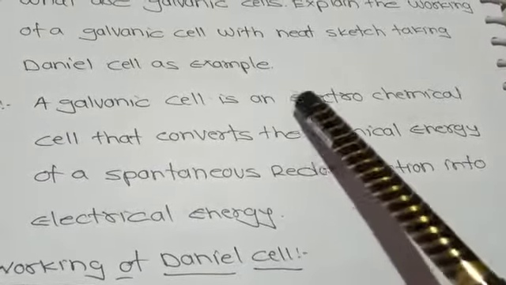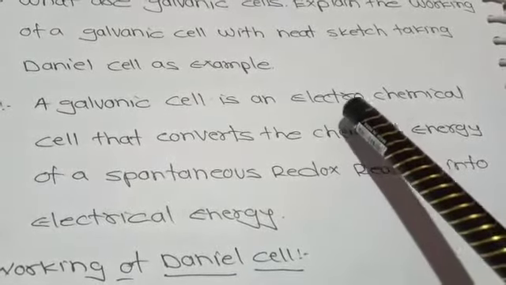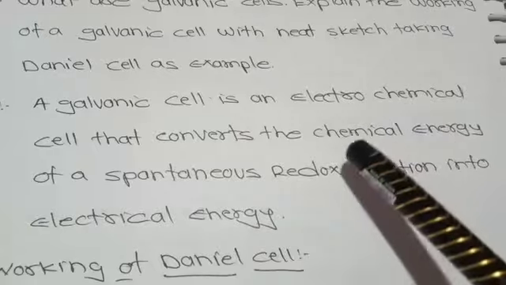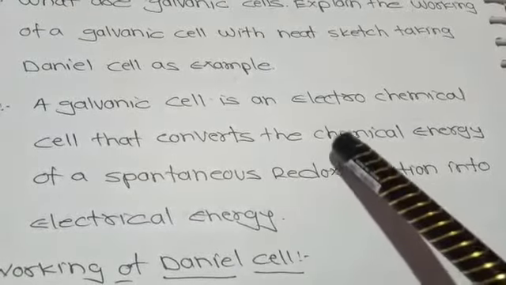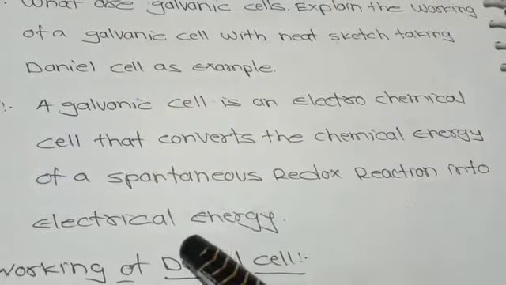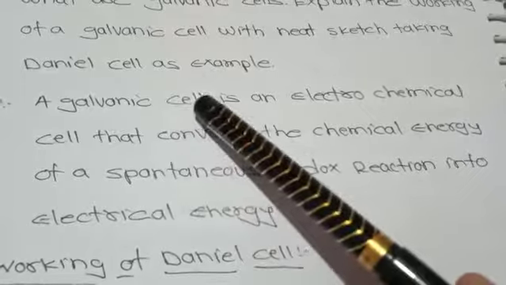That means it is a device, simply we can call it a device, which converts chemical energy into electrical energy. The conversion of chemical energy into electrical energy by a device or a cell is referred to as a galvanic cell.